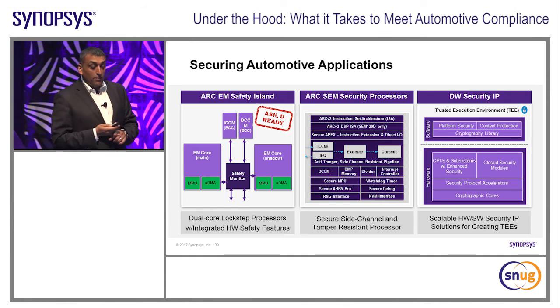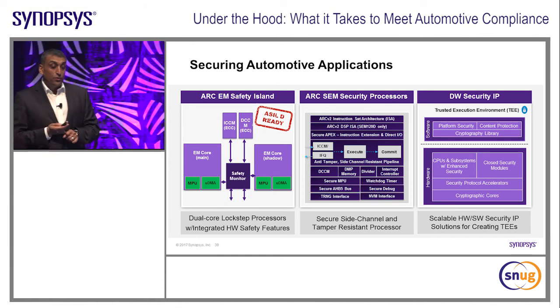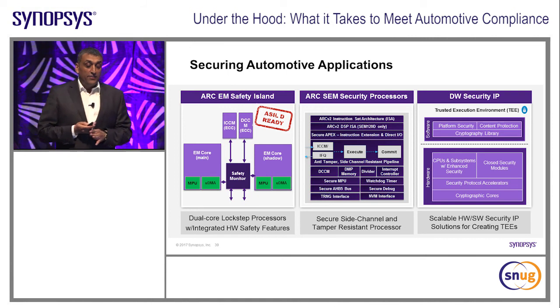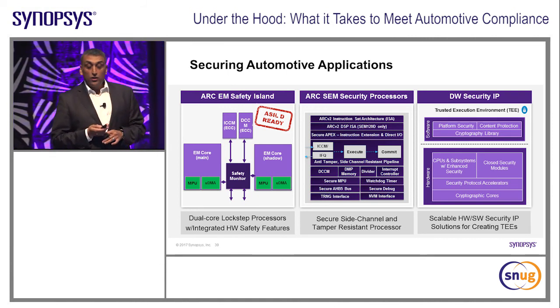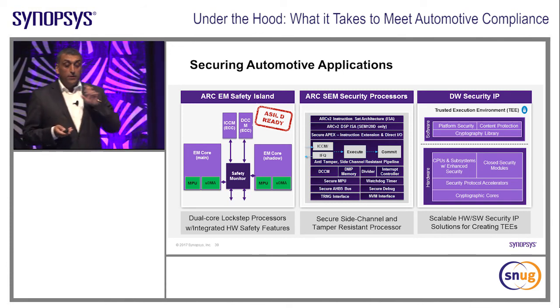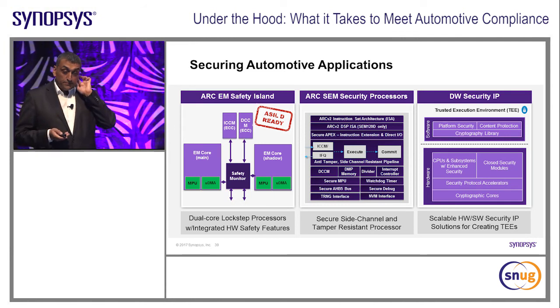For the ARC example that I'm giving here, what you're implementing is a shadow core that's managed through a safety monitor. And the safety monitor is lockstep with the main core. And this has hardware safety features included. So in order to meet this very high requirement, you basically add a lot of redundancy and a safety monitor.